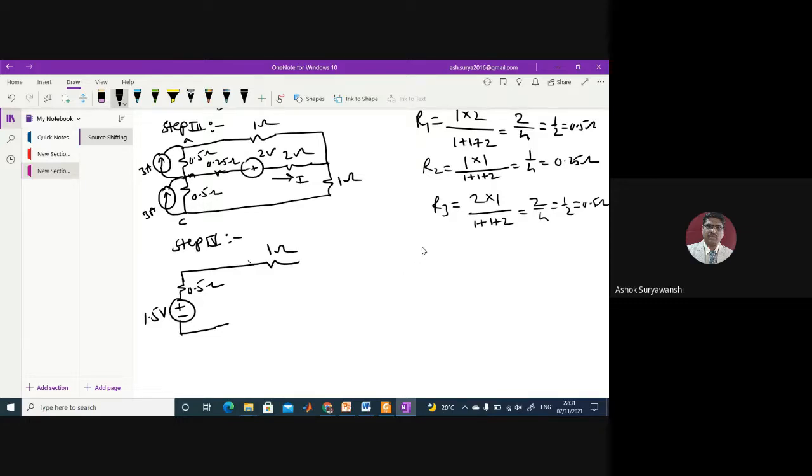This is 0.25 ohm, minus plus 2 volt, 2 ohm. This is current I and this is 1 ohm.